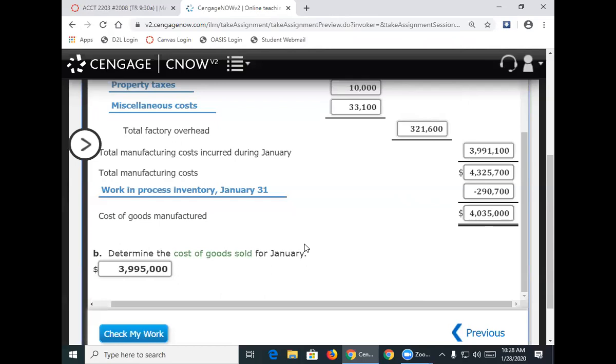It's a little more tedious as far as balancing and keeping track of what goes where. But as long as you understand the flow of costs and understand manufacturing costs in general, this chapter helps us as we go through, okay? Because we're going to take this and build on it. We will use this pretty much most of the semester. We'll use this kind of cost flow.